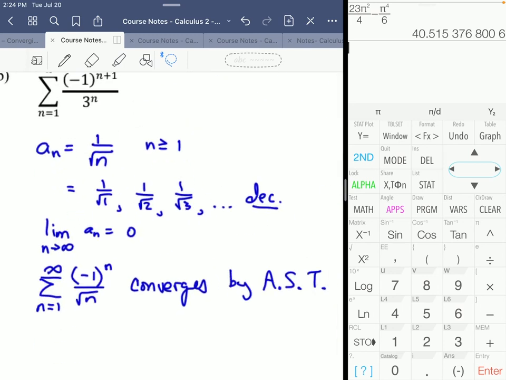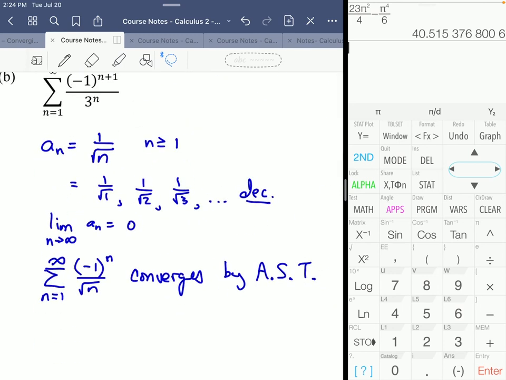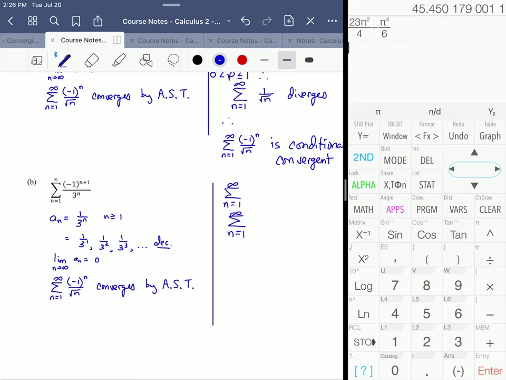This is 1 over 3 to the nth. So that's 1 over 3 to the first, 3 to the second, 3 to the third. The limit of the sequence does appear to be approaching 0.